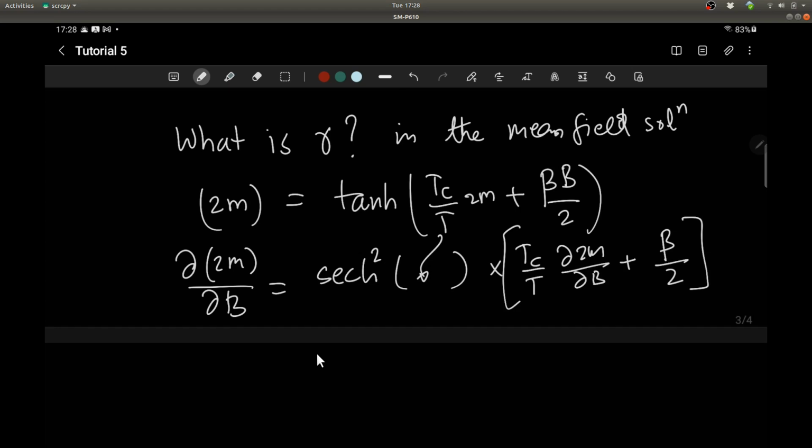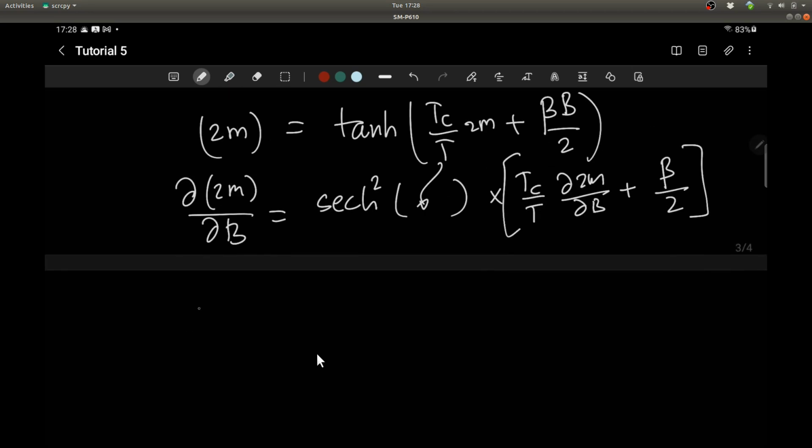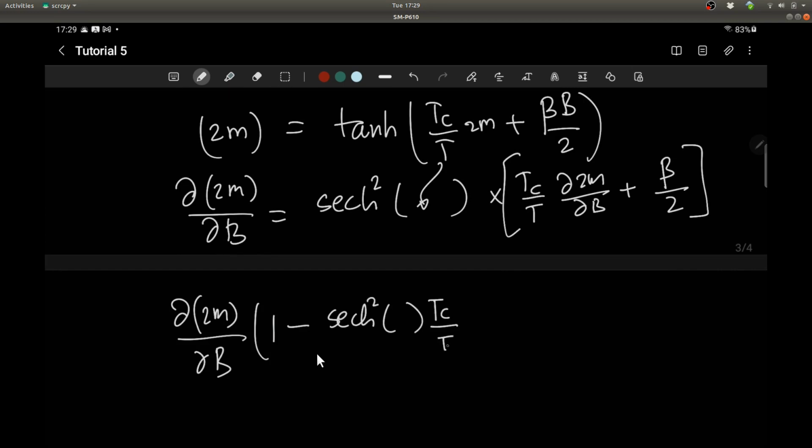Okay, so we can simplify this. There are two terms. We have to collect all terms, so we take this to the left hand side. What we get is, okay, that's what we get.